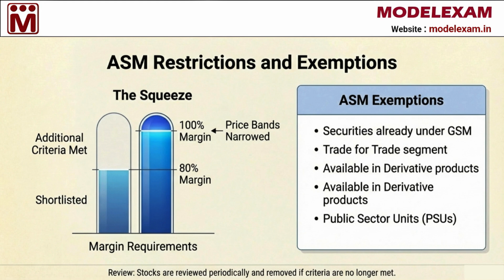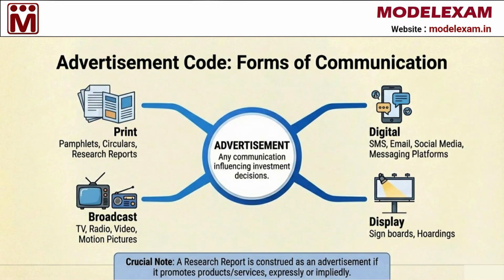This makes it expensive for speculators to trade, which helps cool down the volatility. The price bands are also narrowed to restrict movement. However, similar to GSM, there are exemptions for public sector units and securities that are already available in the derivative segment.